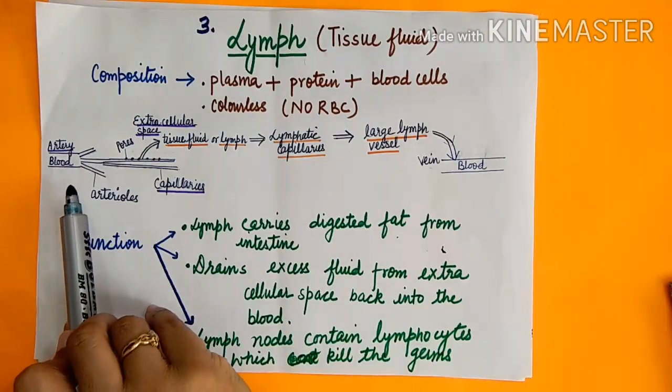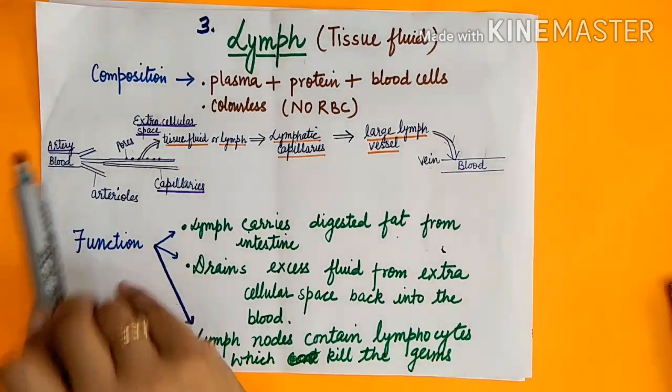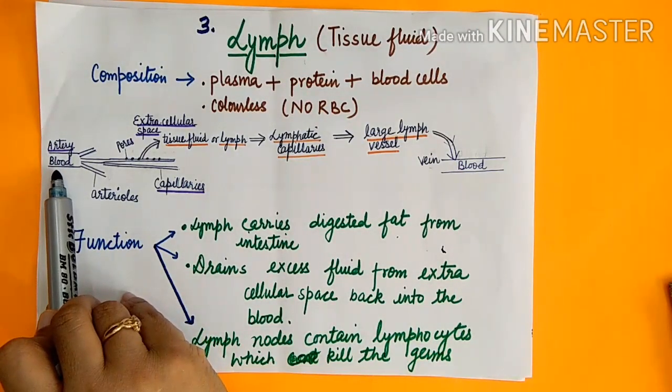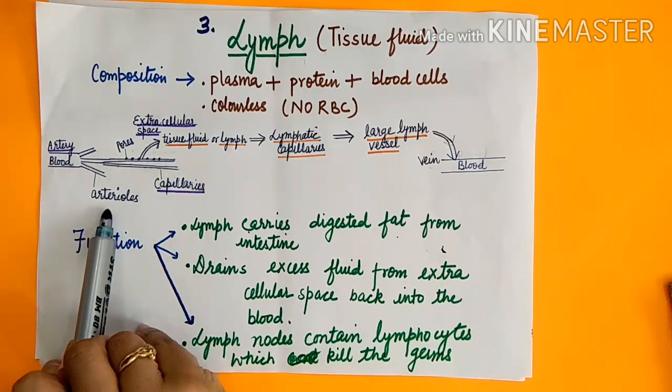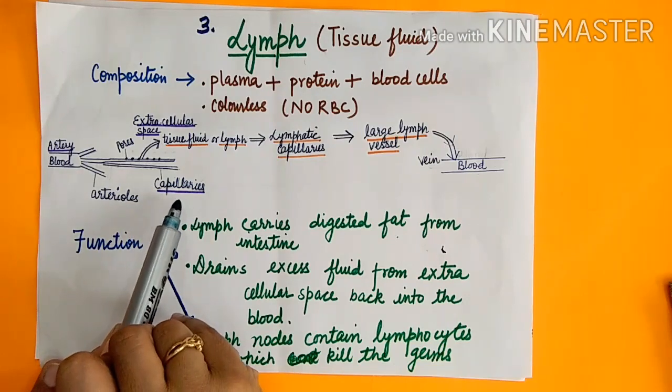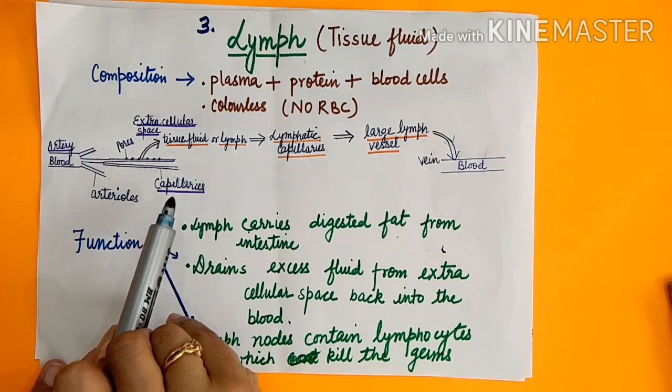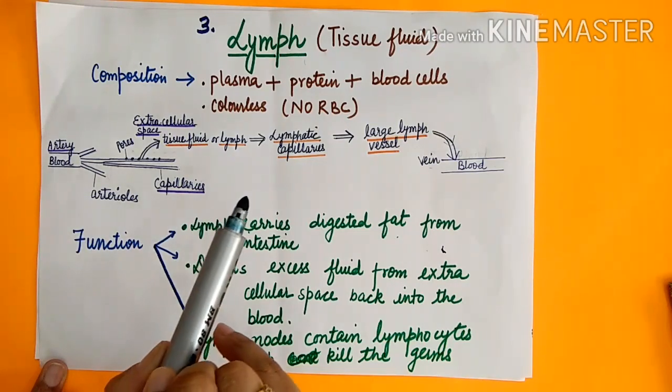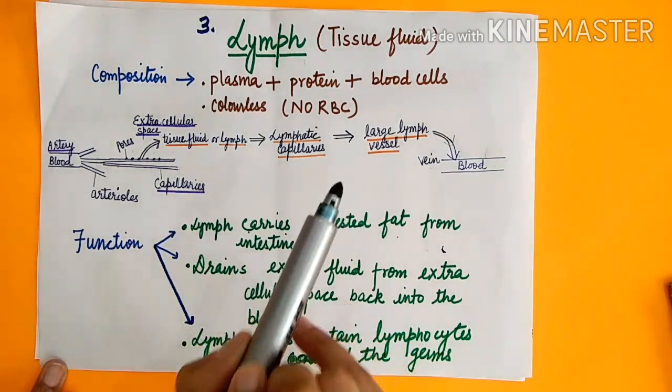As we have discussed in the previous slide, arteries carry oxygenated blood and divide into arterioles, which further divide into capillaries. Capillaries are the thinnest and finest form of blood vessel, which reaches the body tissue. Clear?